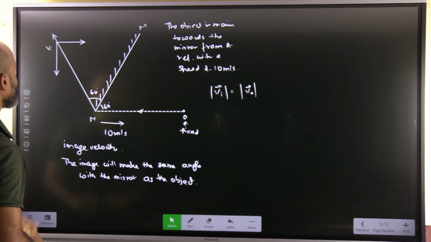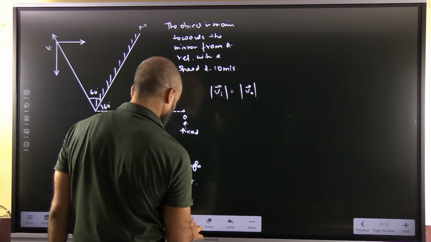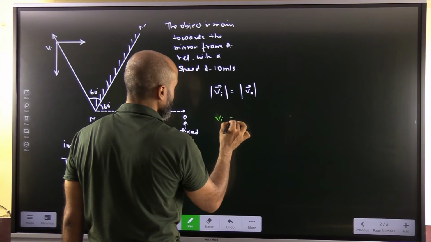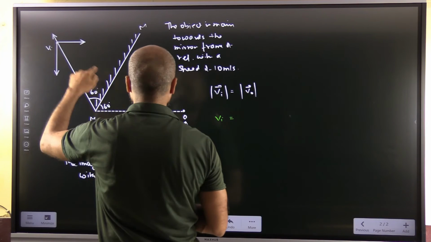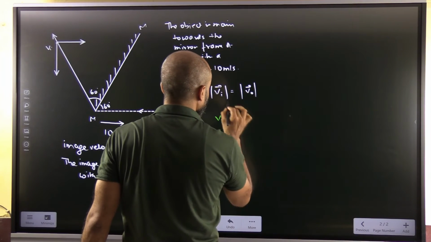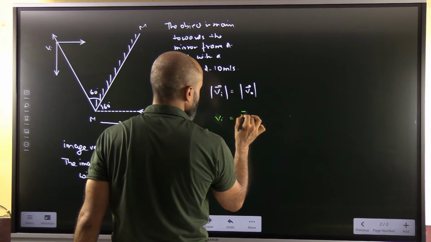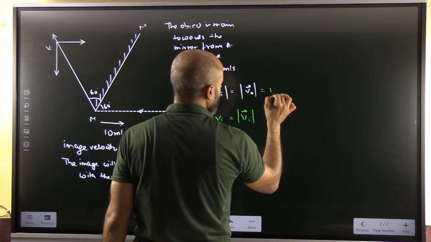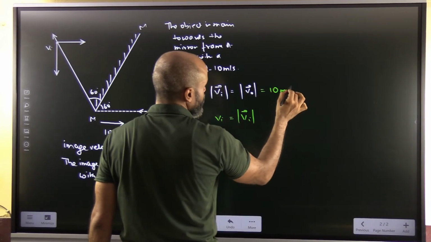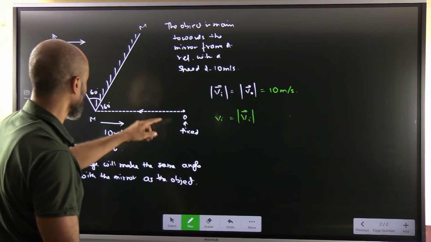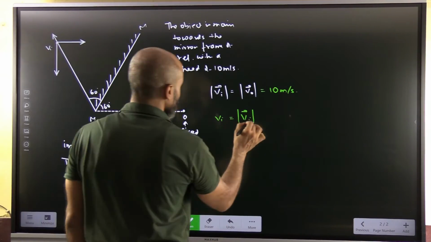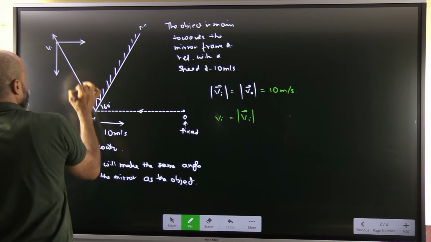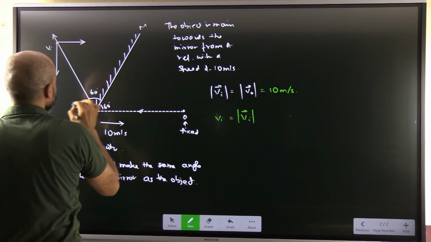So the velocity of the image will be equal to the velocity of the image magnitude. And what is the magnitude? Basically this is 10 meter per second. The velocity of the object has a magnitude of 10 meter per second because the mirror is moving in that direction. Velocity of the image, and let's say this is 60 degrees.